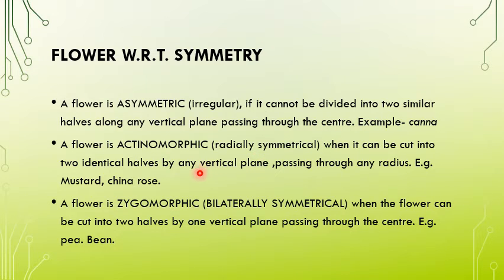A flower is actinomorphic, that is radially symmetrical, when it can be cut into two identical halves by any vertical plane passing through any radius. The examples are mustard and china rose. The flower is zygomorphic, that is bilaterally symmetrical, when it can be cut into two halves by only one vertical plane passing through the center. The examples are pea and bean.